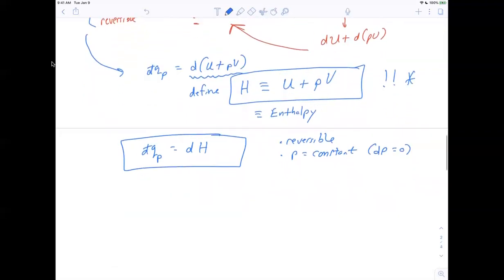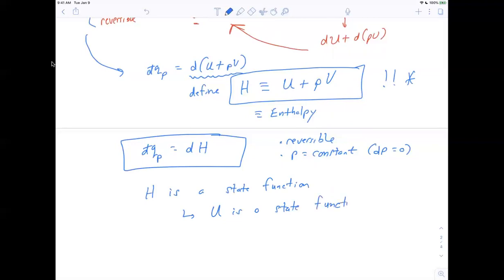So this is the enthalpy, and you can see here that enthalpy is a state function because it's path independent. If you just look at the equation, it tells you everything you need to know. U is a state function.